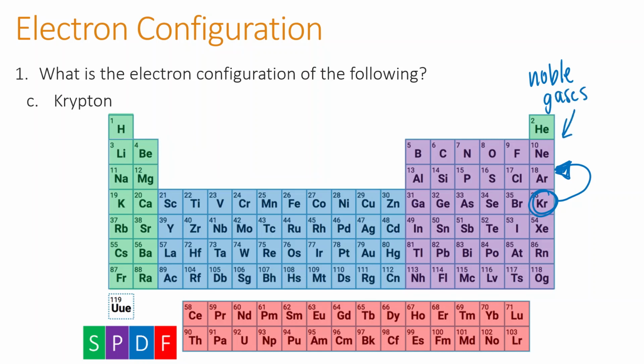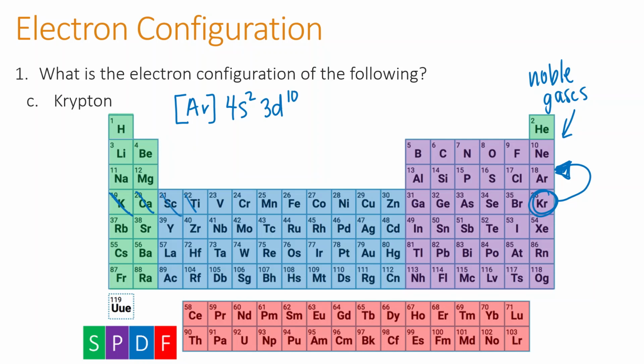So the last noble gas before krypton is argon. So rather than writing out those first 18 electrons, I'm just going to put argon into a square bracket here, and then start with potassium 4s1, calcium 4s2. Then I've got 3d10.